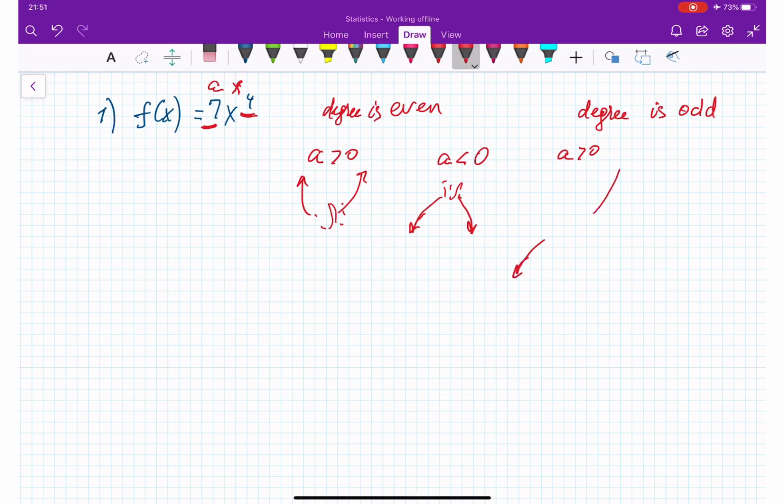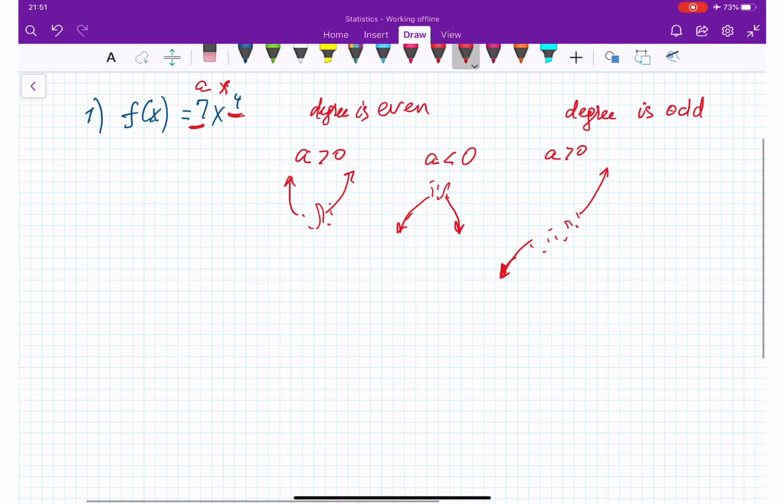See, it's growing from left to right, and in the middle we don't know how it looks. Right now we're exploring only end behavior. If the leading coefficient is less than 0, then the graph is decreasing. In the middle, we don't care how it looks right now.